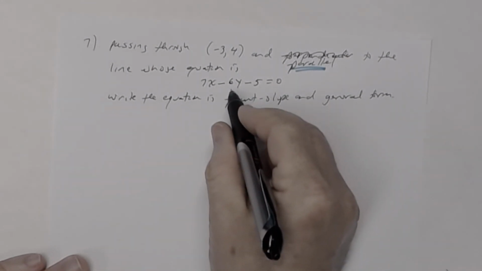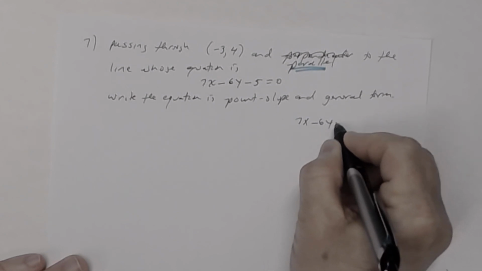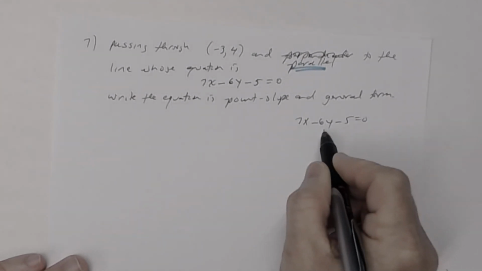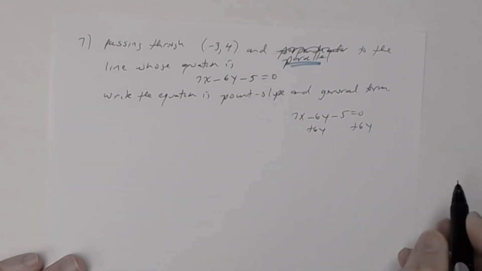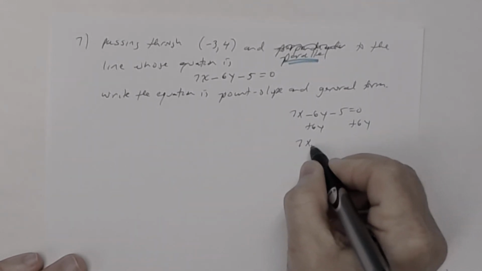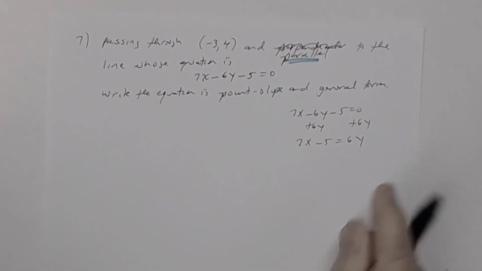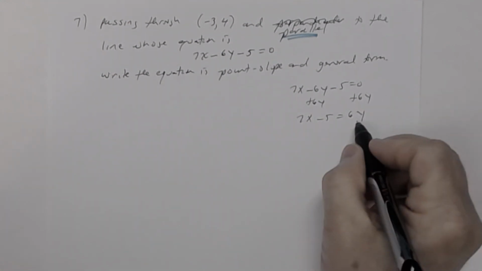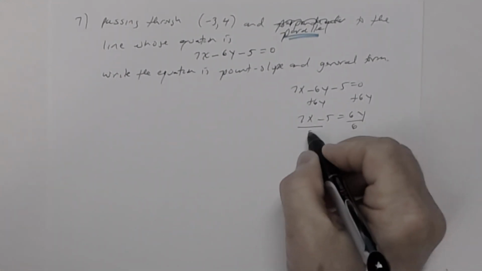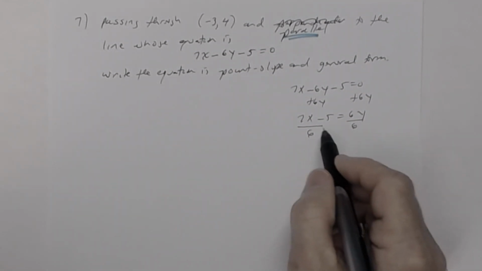So I've got to solve for y here. So I have 7x minus 6y minus 5 equals 0. So I'm going to add 6y to both sides. I'm going to bring the y term to the other side. And so I get 7x minus 5 equals 6y, right? And I'm going to transpose the sides, although you don't have to. If you want to, you can divide both sides by 6 to get y by itself.